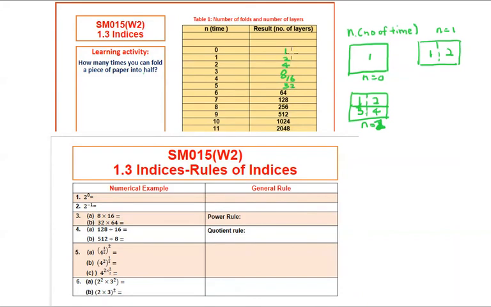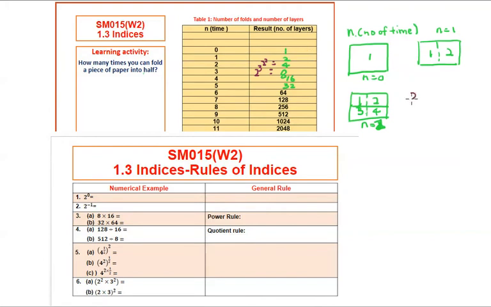You can see that all these numbers have the same base. What is the same base here? That is 2. For instance, 8 is 2 power 3, because we fold it 3 times. 4 is 2 power 2.